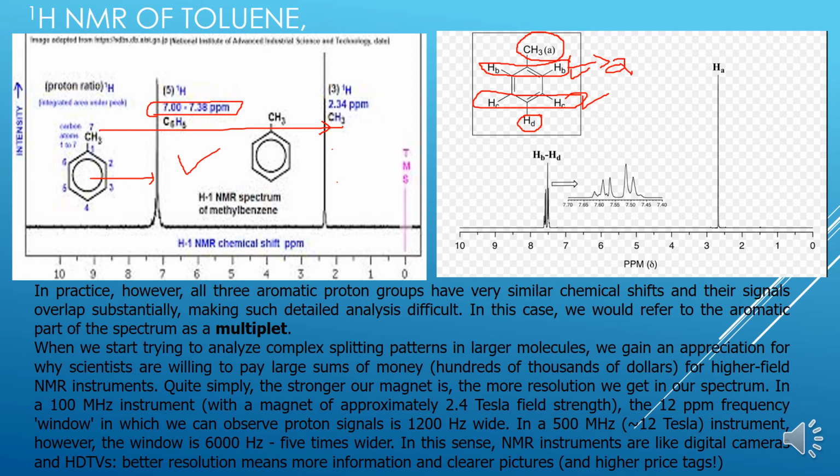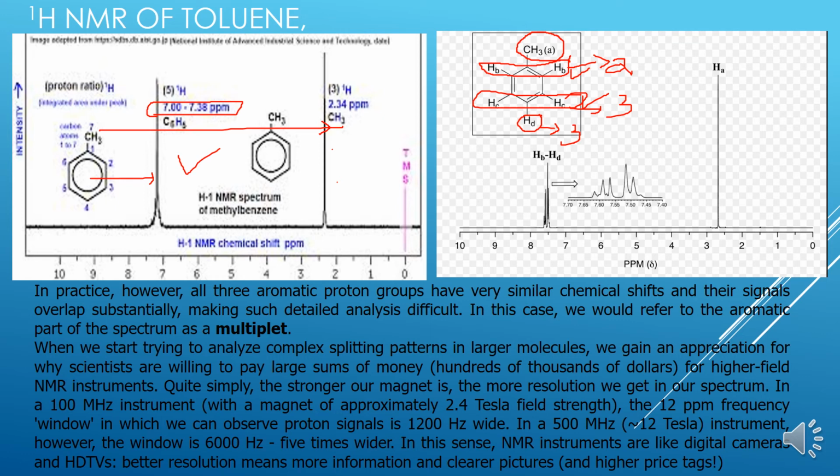For Hc, there are two neighboring protons, Hd and Hb, so it splits into a triplet. Hd is also a triplet because it has two neighboring protons.